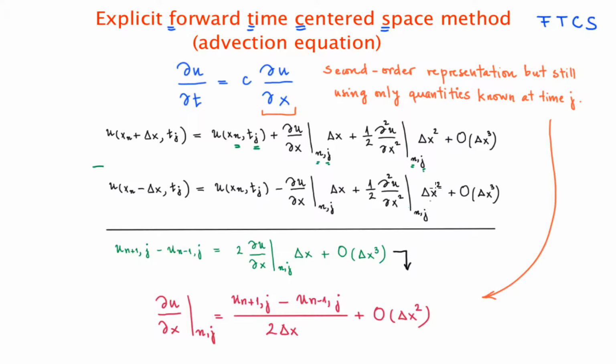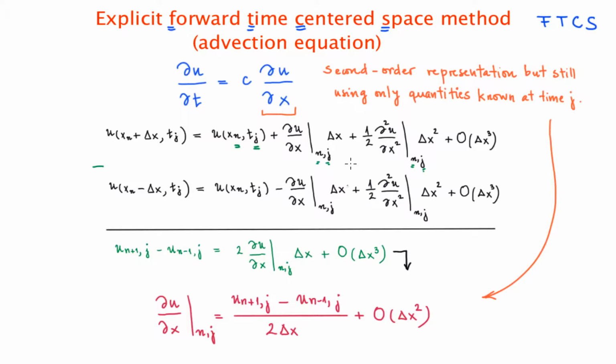As you can see, the Taylor expansion is done up to second order in delta x, so that the error here is of the order delta x to the cube. As our aim is to find an approximation for the partial derivative of u with respect to x, we don't want the second order derivative to appear.